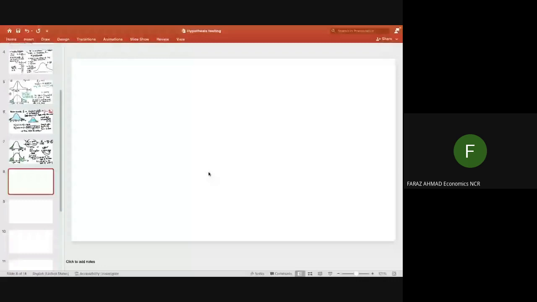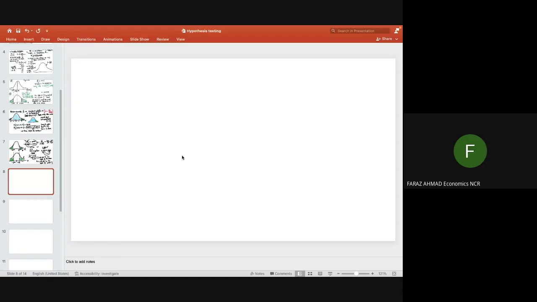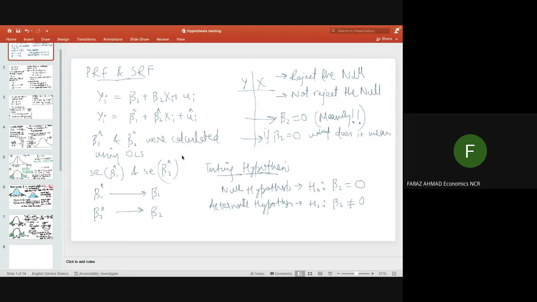Now, coming back to this slide, okay, let's come back to what we were doing. Let us revise it now. We were talking about our hypothesis testing, and we discussed that there is a null hypothesis and an alternate hypothesis.